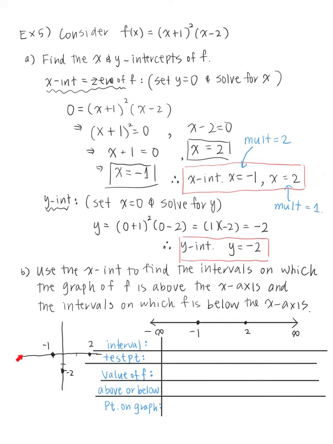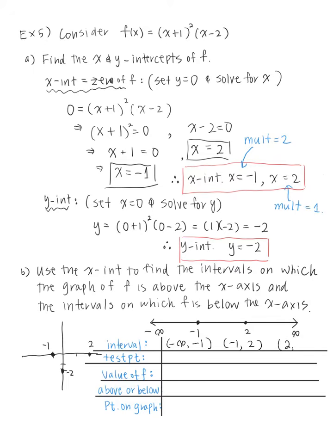So let's go back to this picture. From negative infinity to our first 0, is my function going to be above the x-axis or below? Where is it going to be? Here I'm going to chop that up into three different intervals. One of them is from negative infinity to negative 1. The next one is negative 1 to 2.